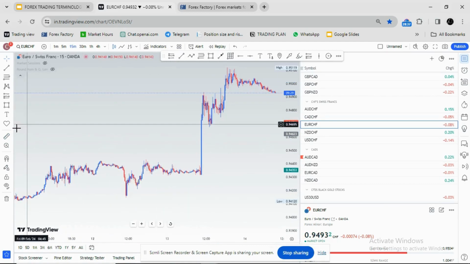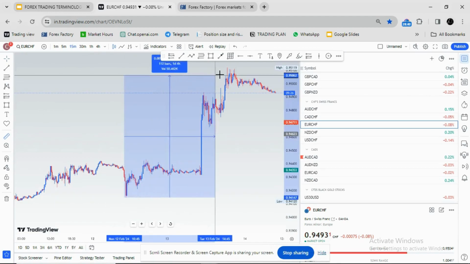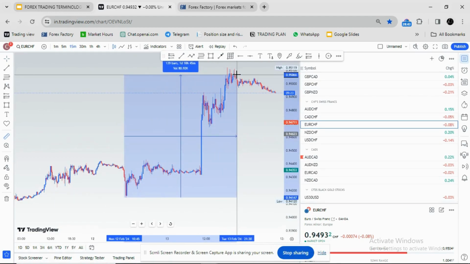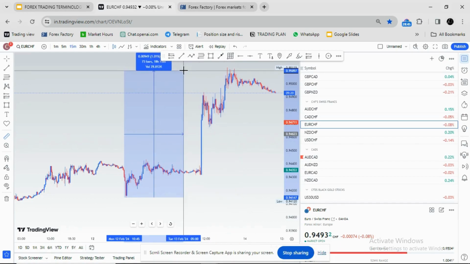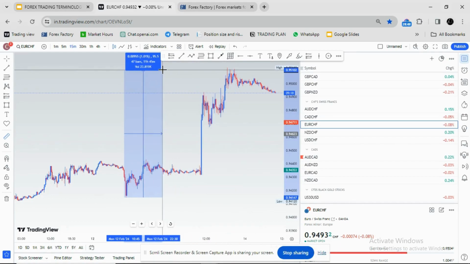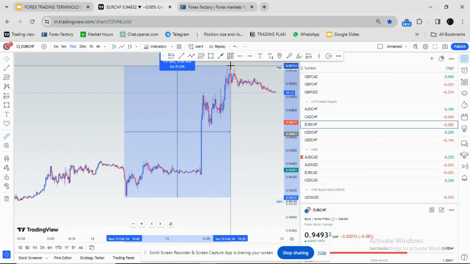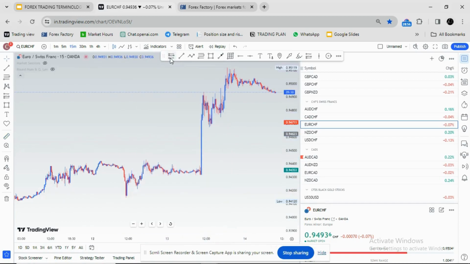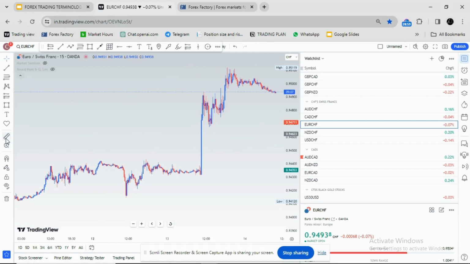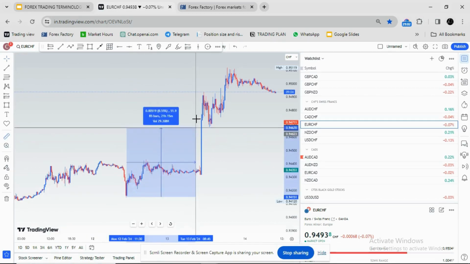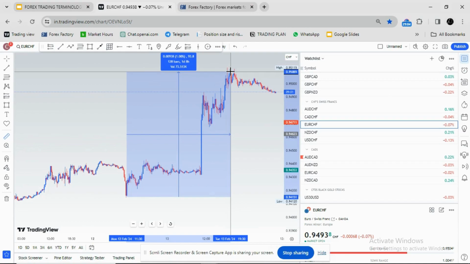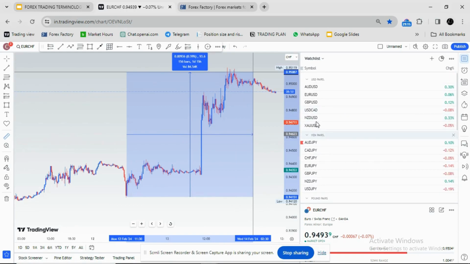Gold takes 2 hours to move 390 pips, but this one has taken 1 day, 8 hours to move only 93 pips. This is not a highly volatile asset compared to gold.